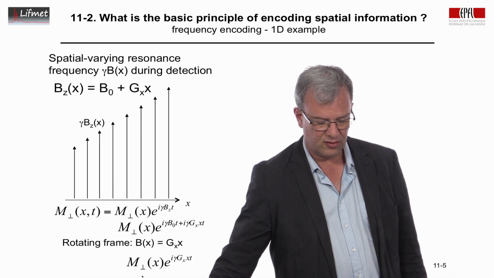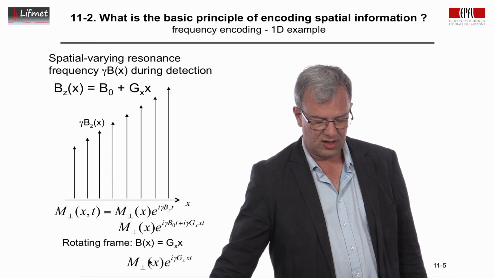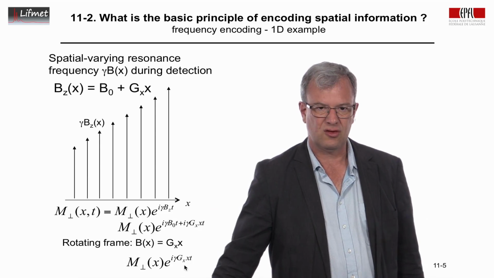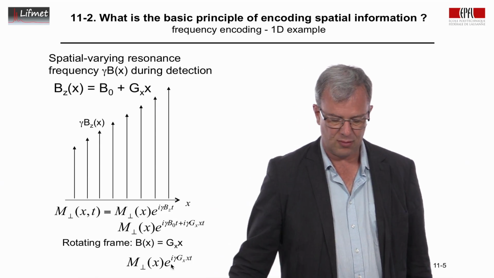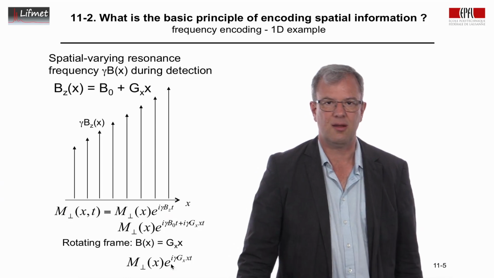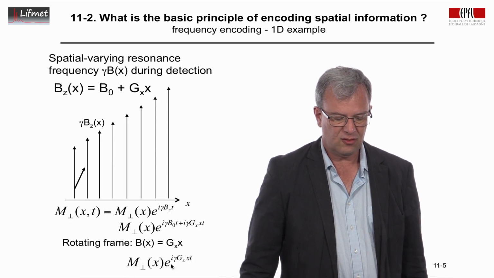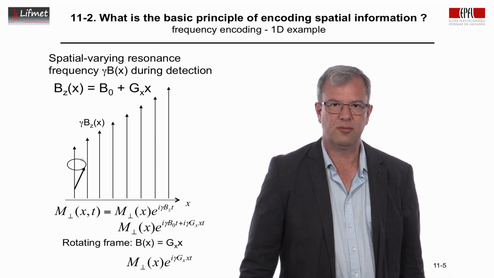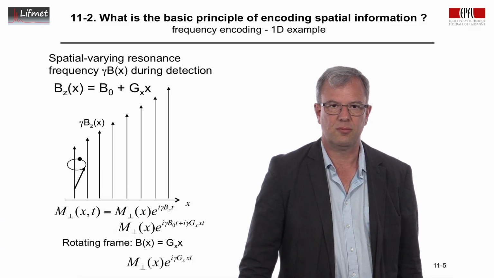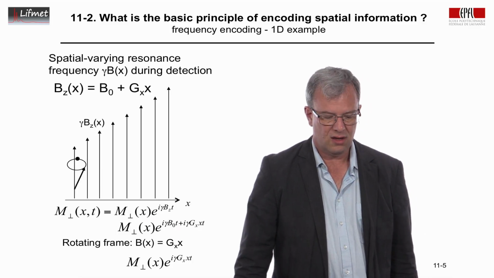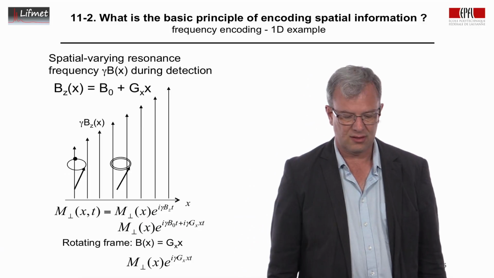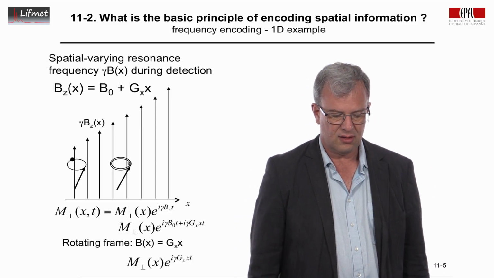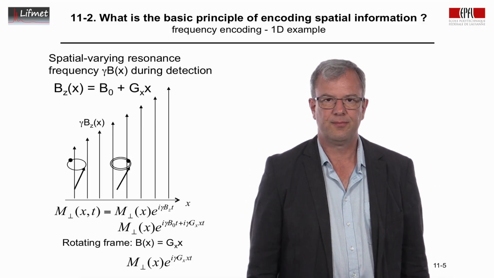Now the precession of the transverse magnetization is given by the transverse magnetization at position x times e to the i gamma Gx x times time. If we look at this position, our magnetization vector will precess with a certain precessional frequency. At this position the magnetic field is stronger, so here it's precessing faster.